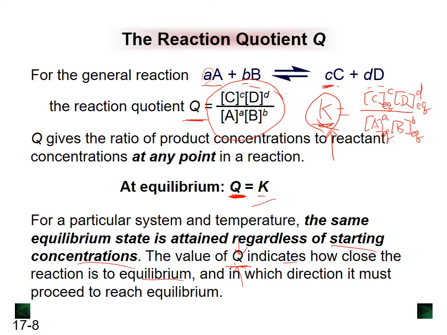But if Q is very different from K, that means the reaction is far from equilibrium. From the values of Q and K, we can predict whether the reaction goes forward or reverse. We'll see that in the next few slides.